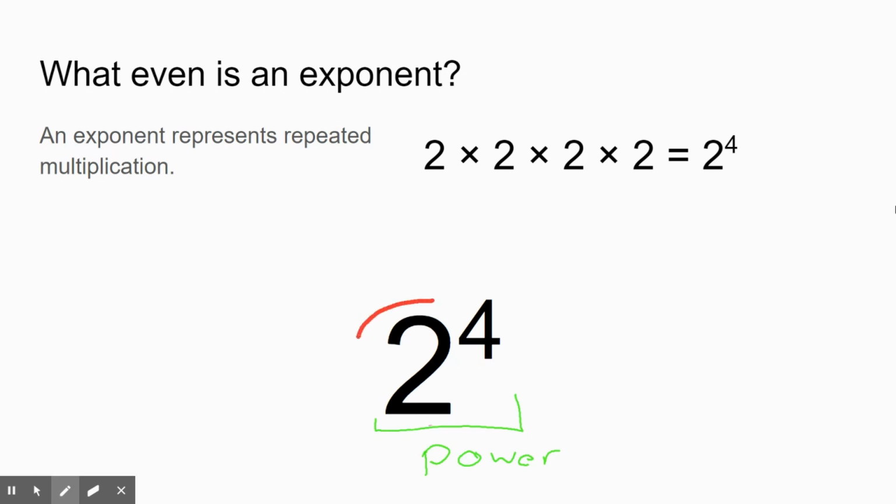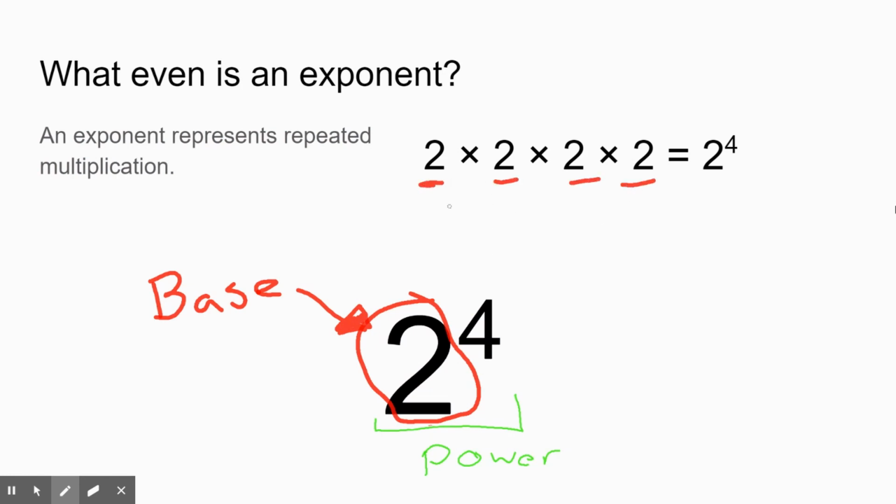If we look at just the 2, this is called our base. It tells us what number we are using in our repeated multiplication. Here we see 2's, so that is our base.